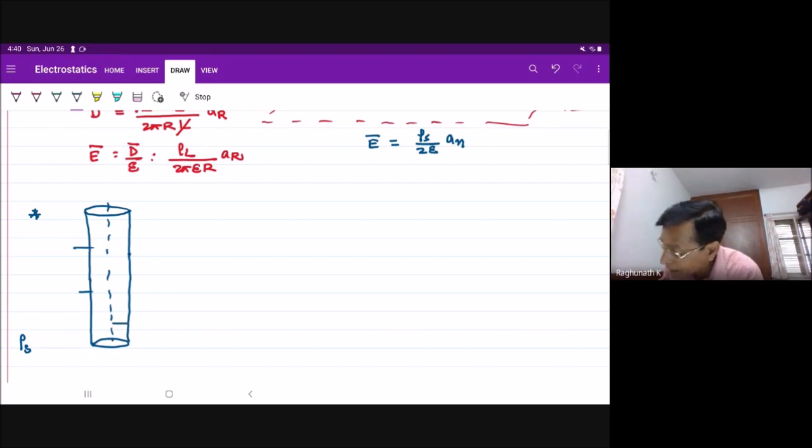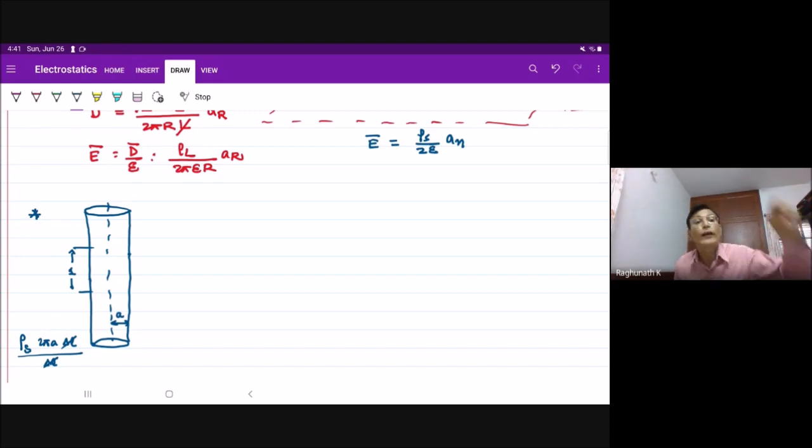If the radius of this is A, rho S into 2 pi A, the length 1, or length delta L we take. 2 pi A delta L is the charge on the surface; divided by delta L, rho S into 2 pi A is the charge per unit length, through surface charge density.